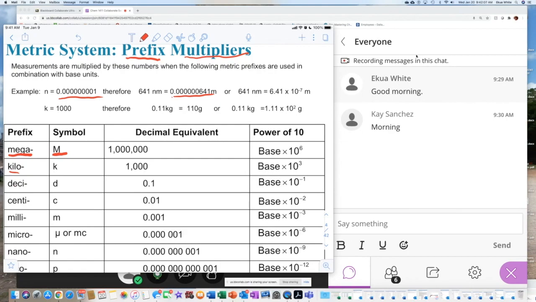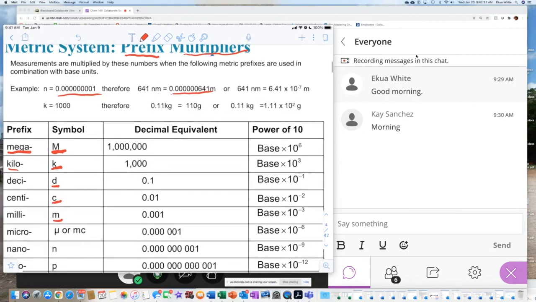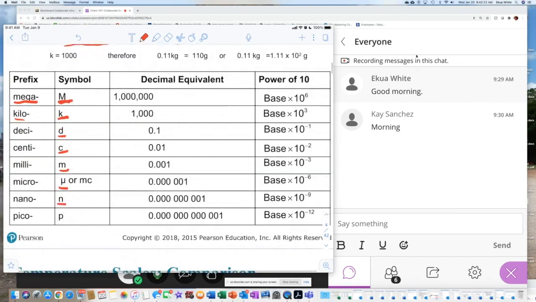You're aware of all of that as far as computers are concerned. Now in chemistry, at some point we may use megahertz, describing a frequency unit. We will use kilo. Sometimes we might use deci, centi, milli. When it starts to get small, milli, micro, nano, pico, we have femto. We have other smaller units. Depending on the object and the size of the object, you may be using any one of these metric prefixes.